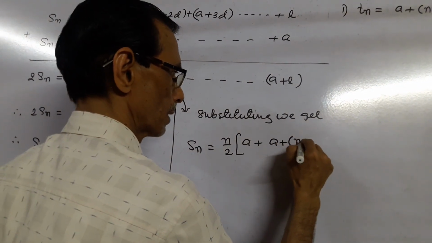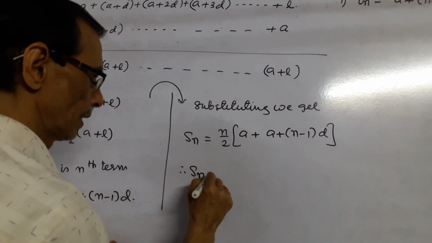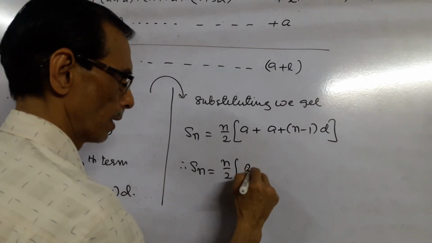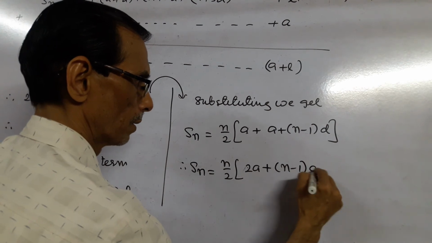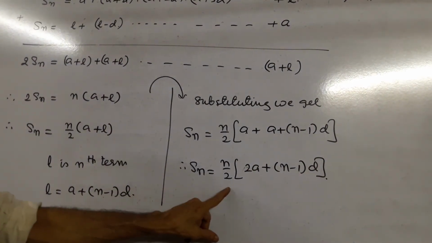And therefore Sn equal to N upon 2 bracket 2A plus N minus 1D. And this is a very important formula for the addition of the terms.